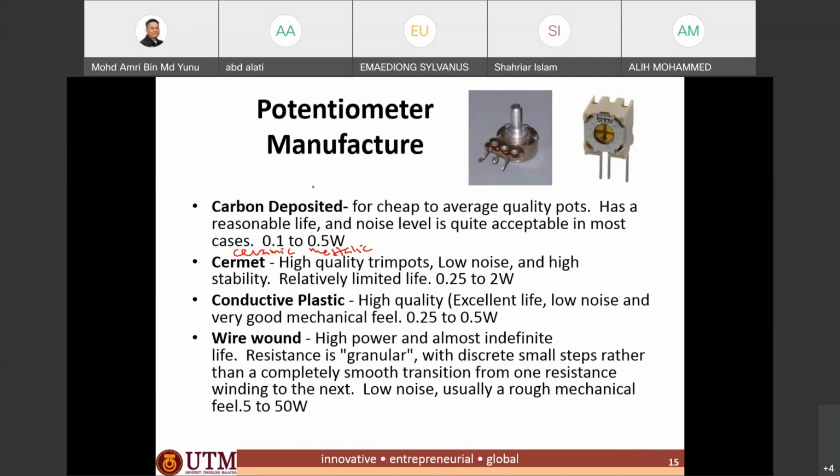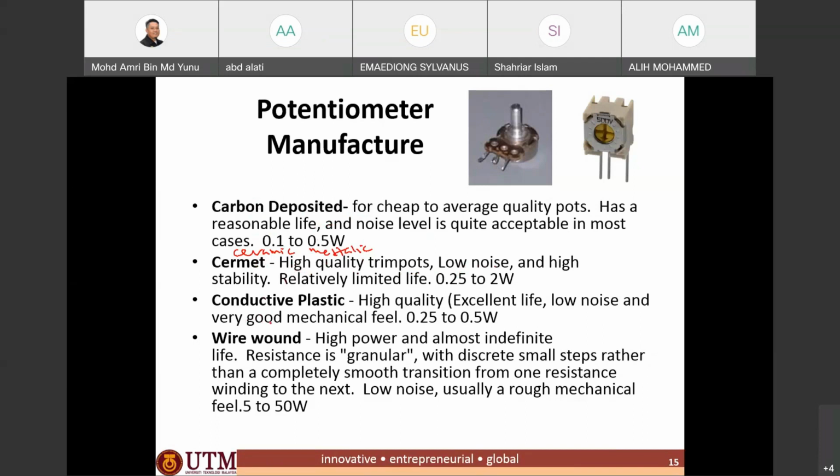This is the common material, low cost, has a reasonable lifetime, and the noise level is acceptable. Then we have ceramic or ceramic metallic, high quality trim pots, low noise and high stability.